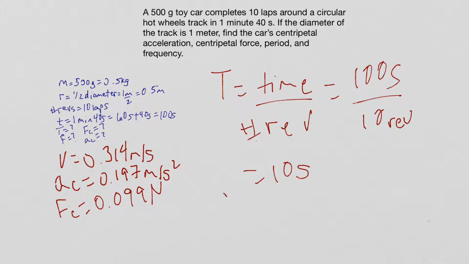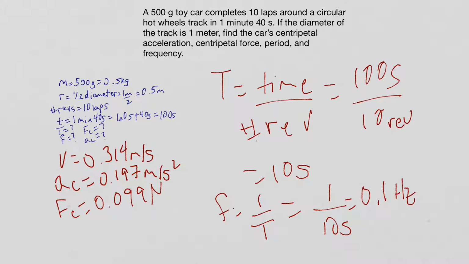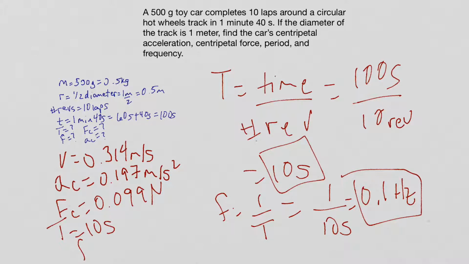And then frequency is 1 over the period, so 1 divided by 10 seconds is equal to 0.1 hertz. And those are our final answers: T is equal to 10 seconds, and f is equal to 0.1 hertz.